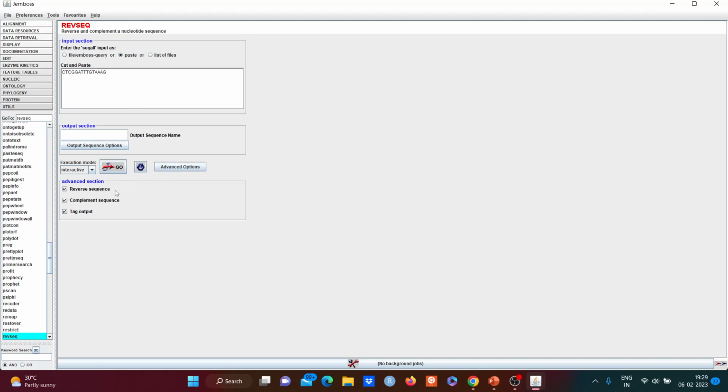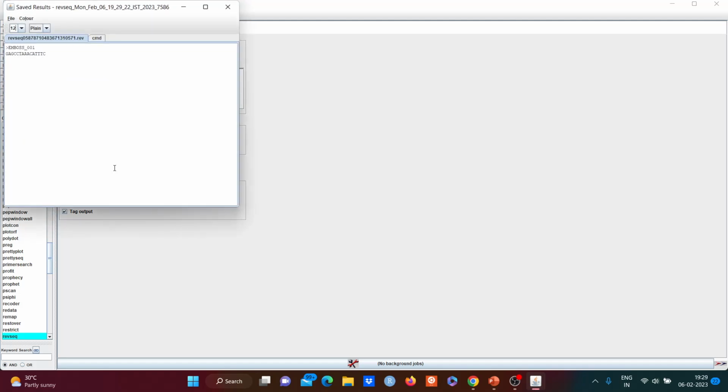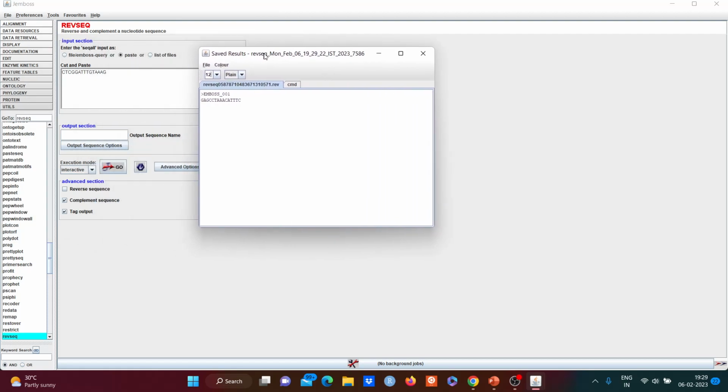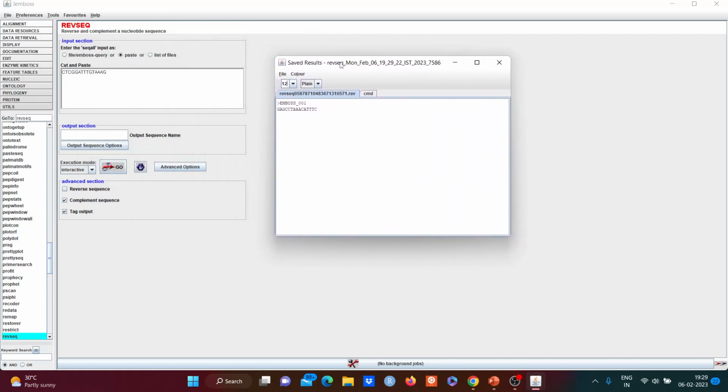In the advanced option it tells whether you want to print a reverse sequence, whether you want a complementary sequence, and you have to have a tag output. So now I'm selecting only the complement sequence. I'm not selecting the reverse of the output, and I'll click go. You can see an output is generated here. This is the complementary strand for the given input.